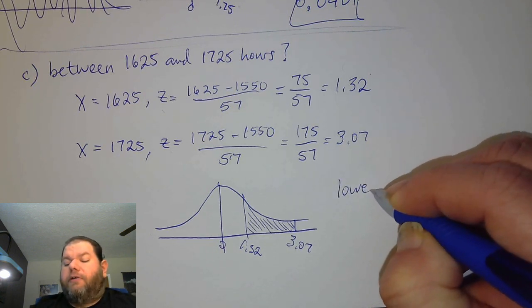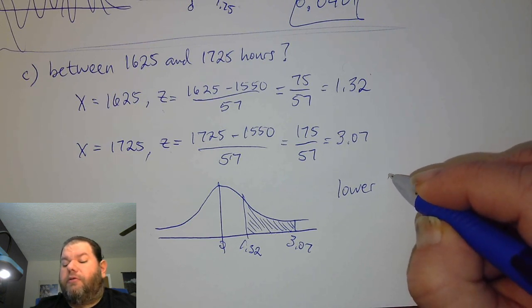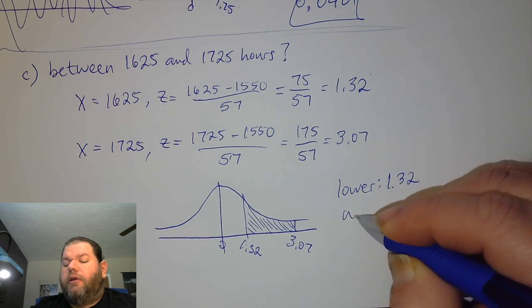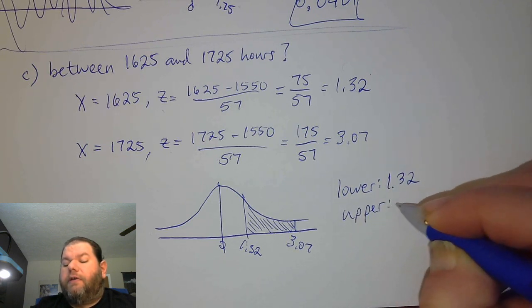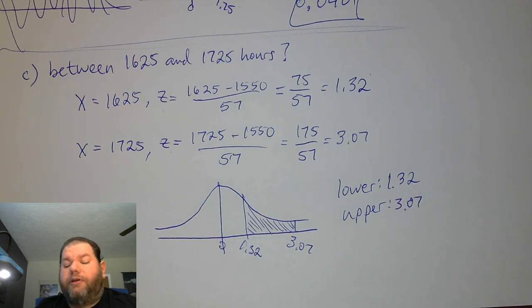Now our lower bound in this case is 1.32, and our upper is 3.07. These are pretty straightforward because we do have the area between.